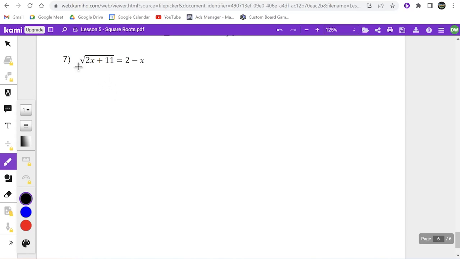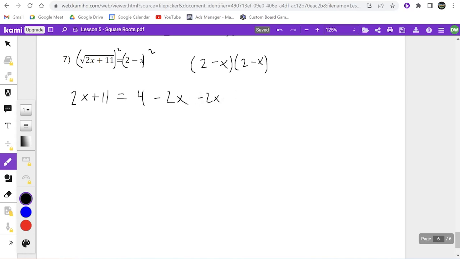Okay. So first thing we're going to do is square both sides. The square root and the square cancel, so you get 2x plus 11. And on the right, you have to write it like 2 minus x times 2 minus x. When you FOIL that, you're going to get 4 minus 2x minus another 2x, and then plus x squared.